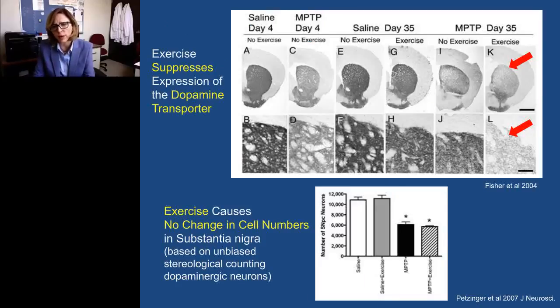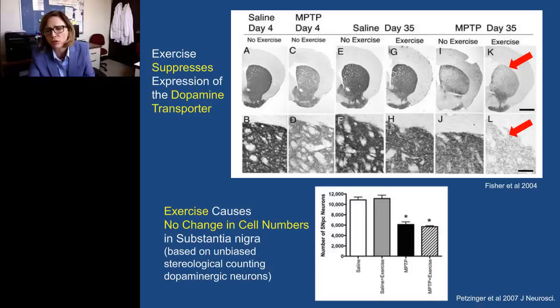The other thing that was quite interesting about this result was we were also able to demonstrate changes in the dopamine transporter using immunocytochemistry. If you look down again at the immunocytochemistry work by Beth Fisher in the lab, basically what we saw was changes in dopamine transporter protein levels.